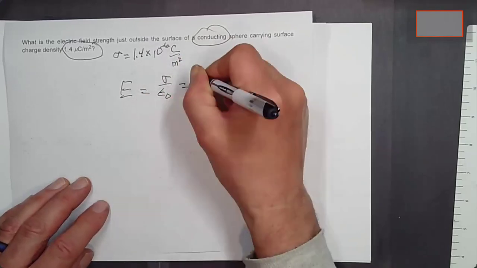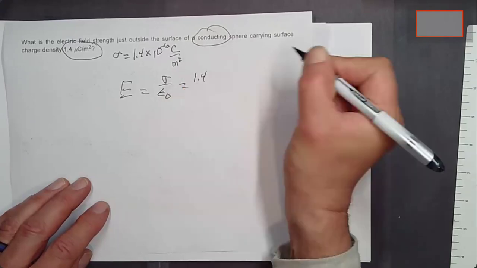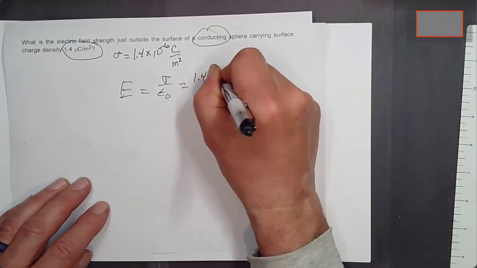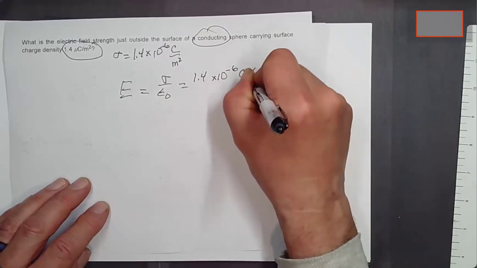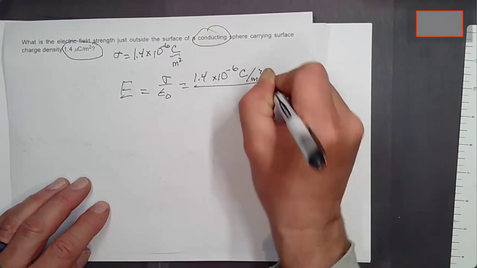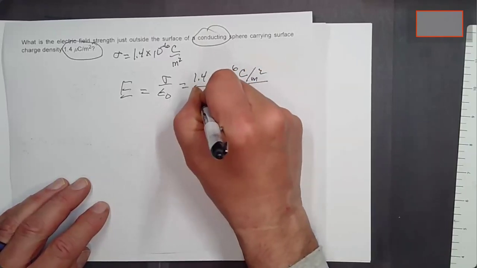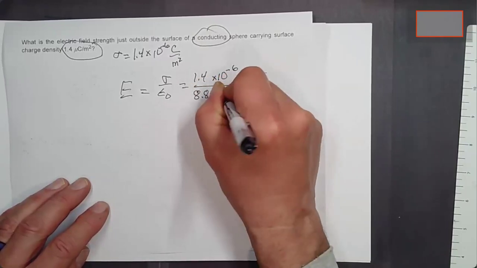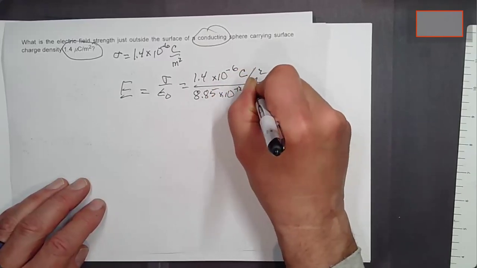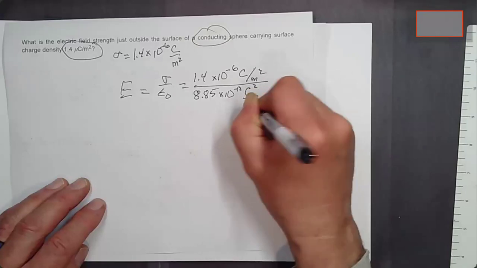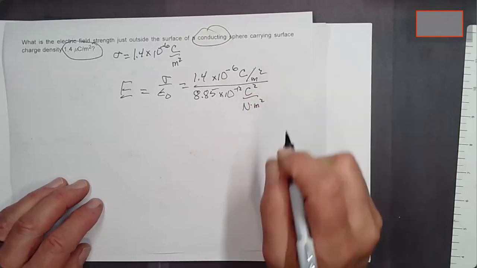Just plug in the numbers. 1.4 times 10 to the minus 6th coulombs per meter squared. And epsilon naught again, 8.85 times 10 to the minus 12th coulombs squared per Newton meter squared.